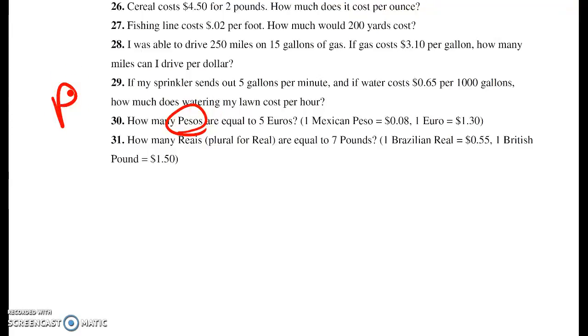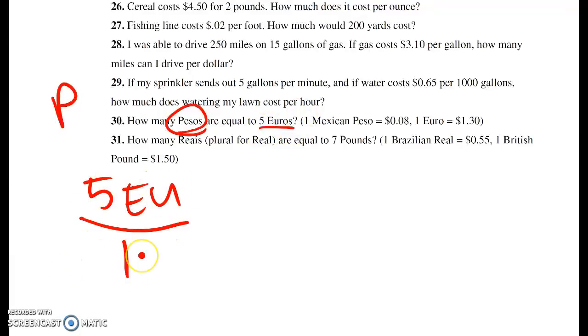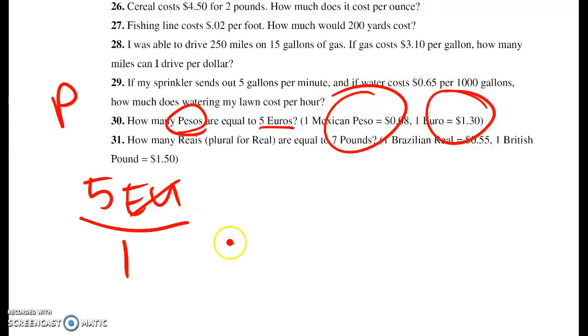Then I start with what it gave me, 5 euros, and I put that over 1 so that it's a fraction and I don't forget that it's in the numerator. Then, using these two formulas, set them up so that you cancel out the euros, with euros on the bottom.